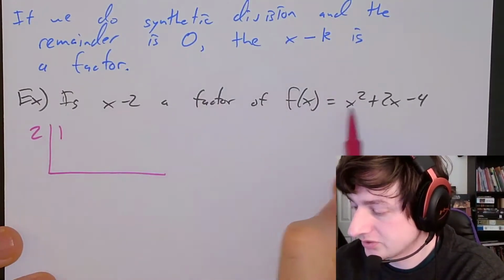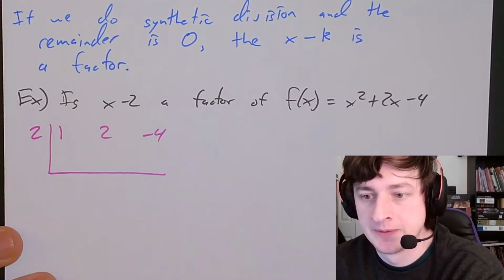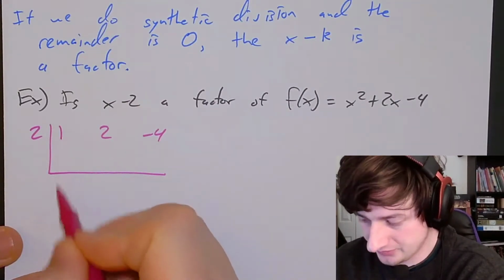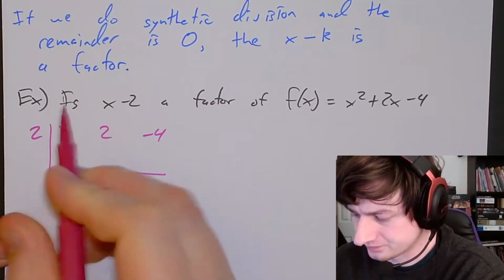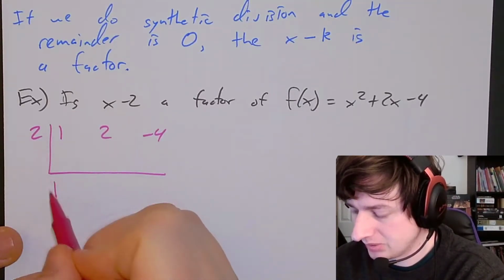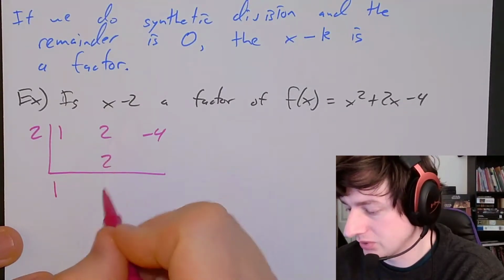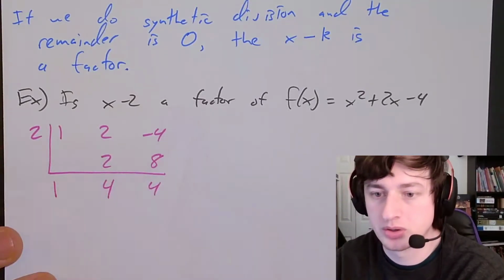So we get 1x squared, a 2x, and a minus 4. So we just add down and then multiply diagonally to get our next addition problem. So 1, multiply by 2, get 2. Add down, we get 4. Multiply, we get 8. And then we get 4.